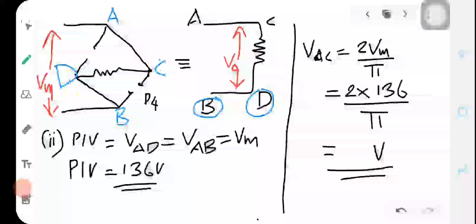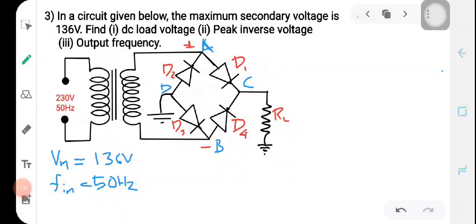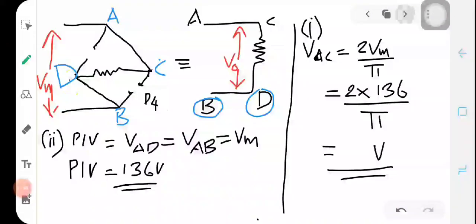Now we still have one more part. This is the first part of the question, that is, what should be the DC voltage. For the second part, peak inverse voltage we have done, then the output frequency we had to calculate. That is the third part of the question. But you know that this is a full wave bridge rectifier.